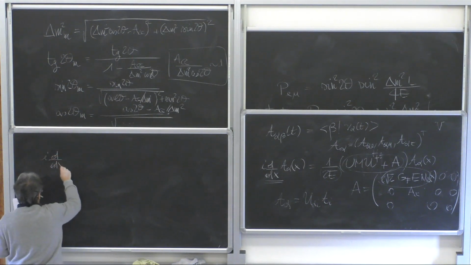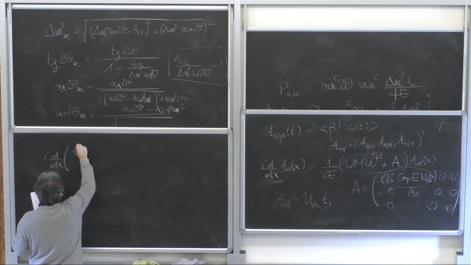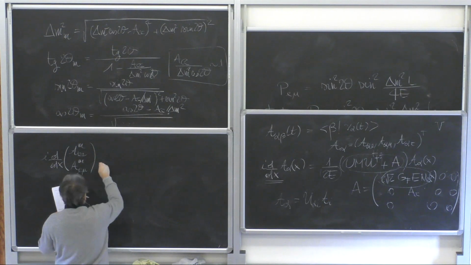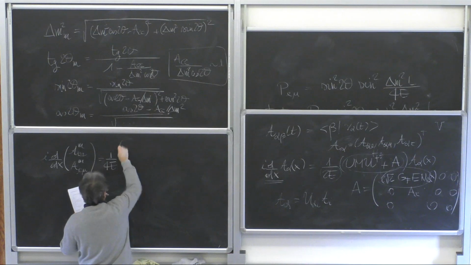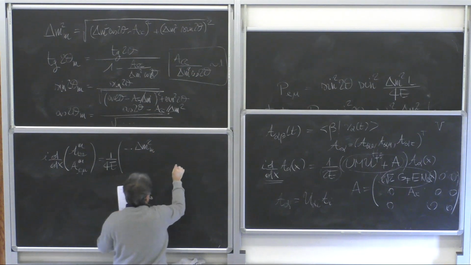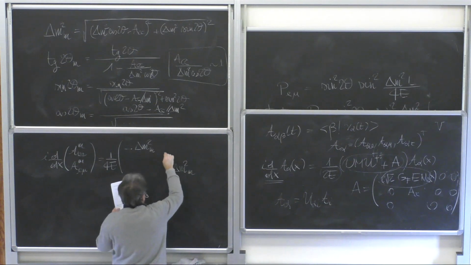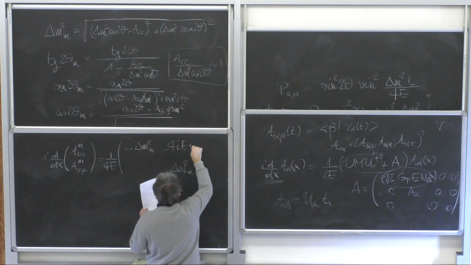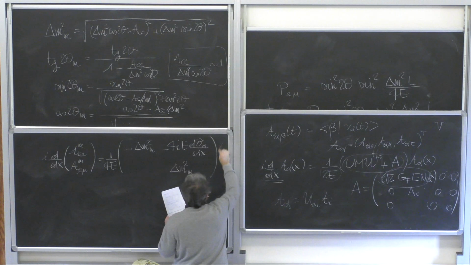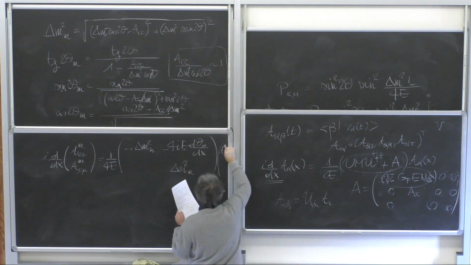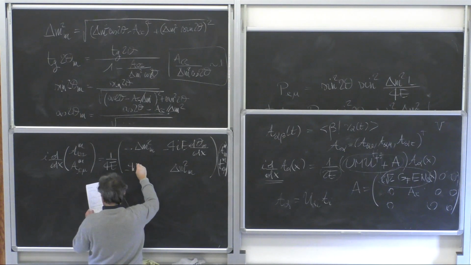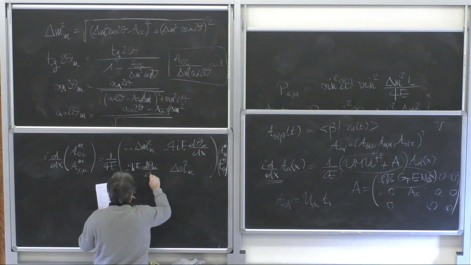I d over dx of A e matter, A mu matter is equal to 1 over 4E times minus delta m squared m, delta m squared m, minus 4iE d theta m over dx, times A e matter, A mu matter, and here minus 4iE d theta m over dx.